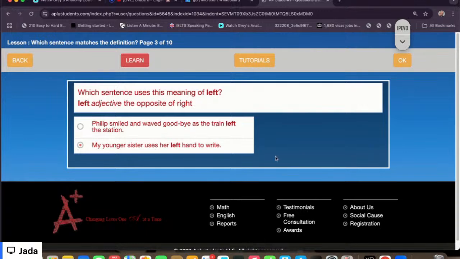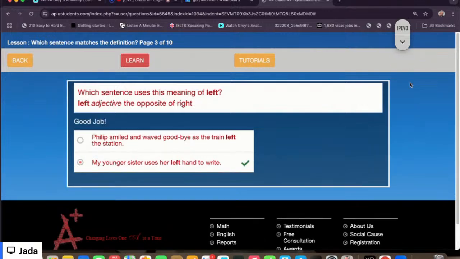My younger sister uses her left hand. True, right. Okay.